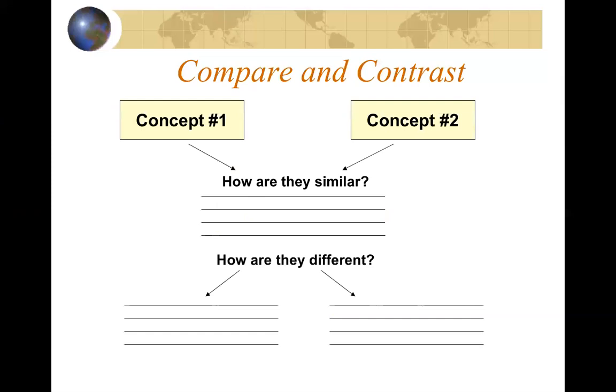There we go. So say for concept 1, you put under there the population distribution. Under concept 2, put the sampling distribution for the sample mean. Then you'd say, well, how are they similar? And you say, well, they have a shape, center, and spread. But how are they different?